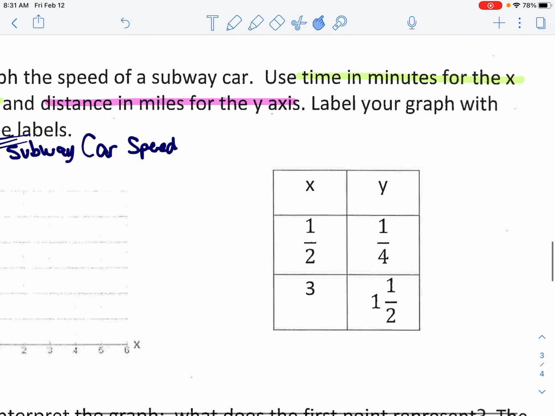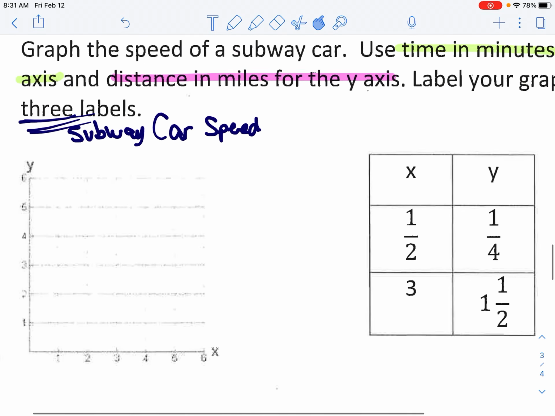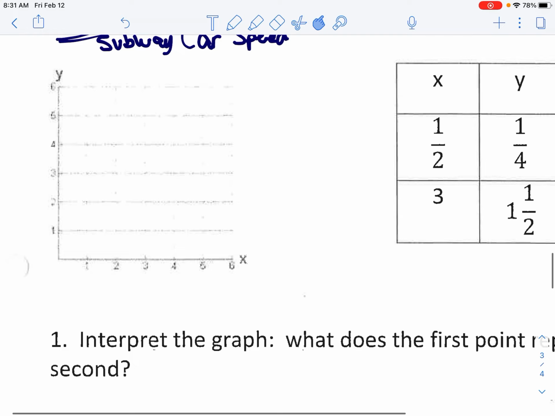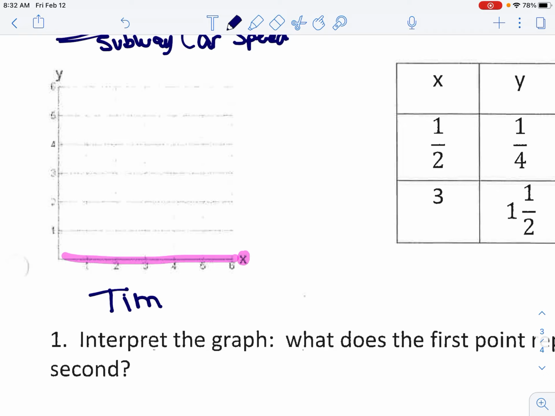Now, also in the directions, it says use time in minutes for the x-axis. So the x-axis is right here. It's our horizontal axis. And it says time in minutes. So usually the way that you're going to see this on a graph, you'll see time. And then in parentheses, you'll see what unit they're using in time.